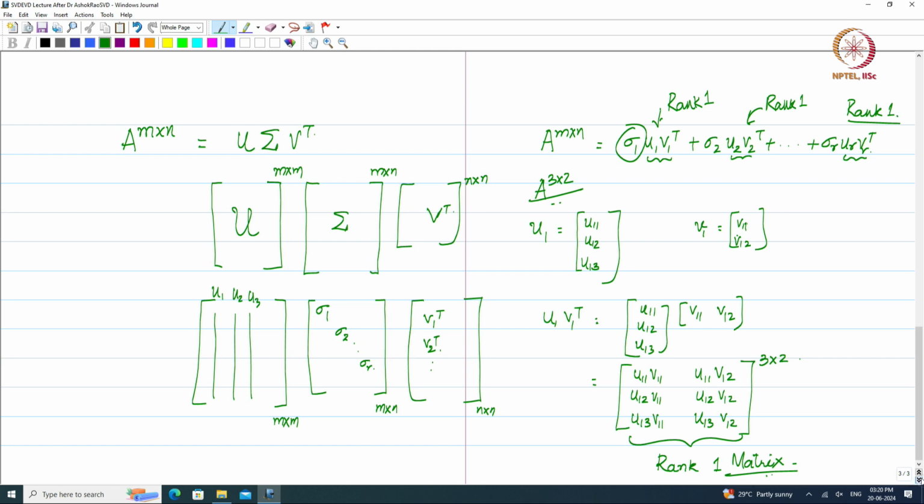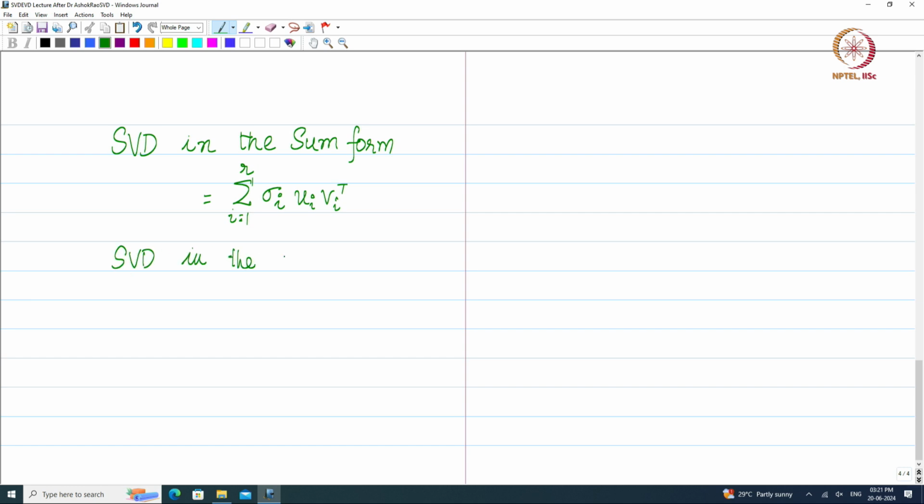So SVD has basically two forms. We have the sum form, which is given by the summation of sigma i ui vi transpose, with i equal to 1 to R, and SVD in the product form is given by A, an m by n matrix, equal to U sigma V transpose.